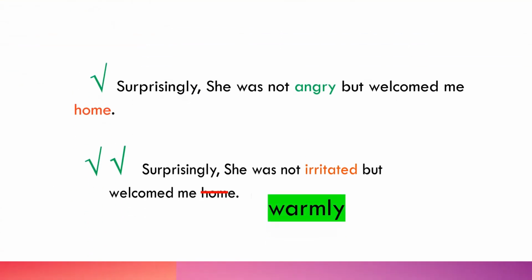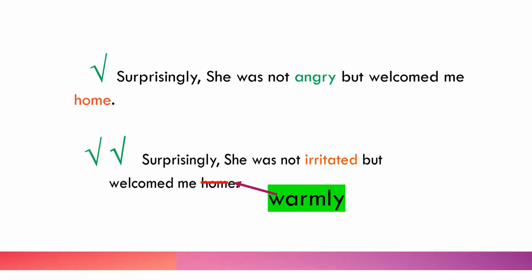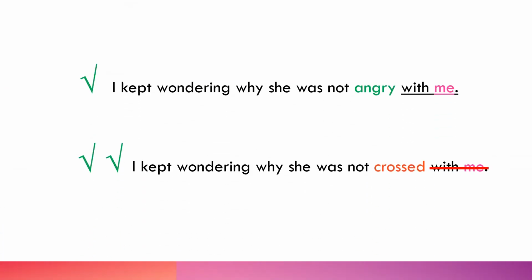What about this example? Home you can change to warmly. What about this? Angry you can change to crossed. With me you can delete. So you can just say, I kept wondering why she was not crossed.